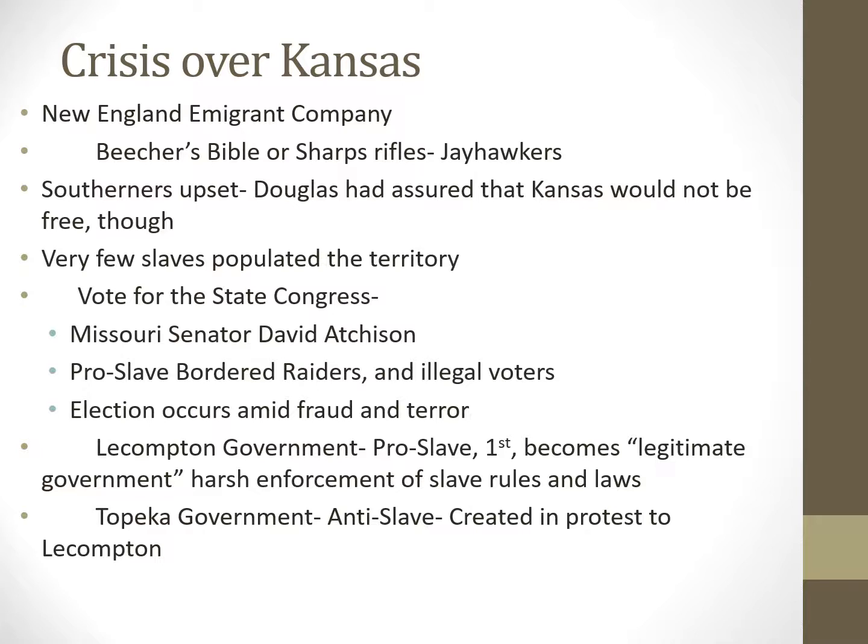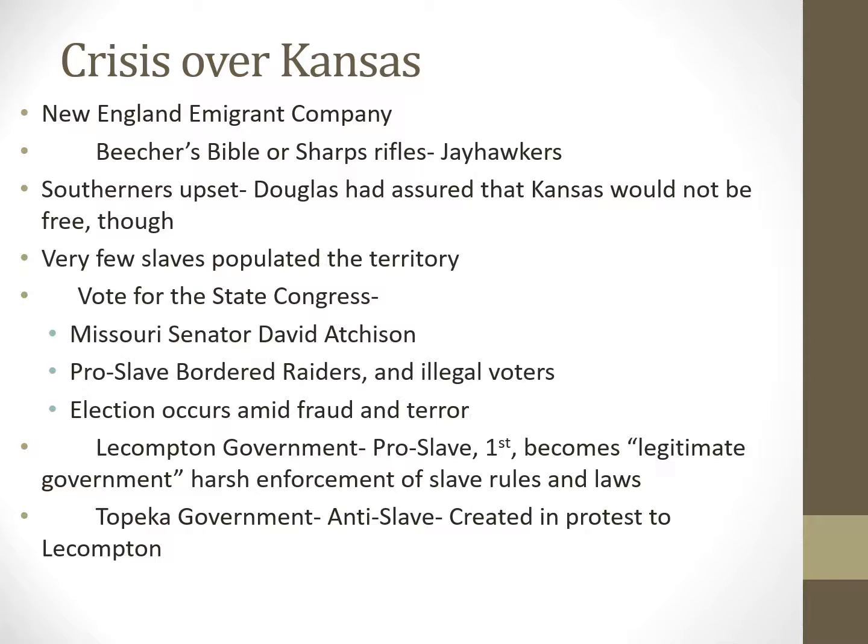And to prevent what they fear might happen, because there's very few slaves populating the territory, and because New England Immigrant Company and groups like this have been trying to encourage people to migrate to Kansas to build the anti-slavery population in the state, there's going to be a vote, and Missouri Senator David Atchison, in an attempt to prevent Kansas from voting in an anti-slavery legislature that, despite the clause that Kansas should be a slave state, could create a constitution that would nullify that.